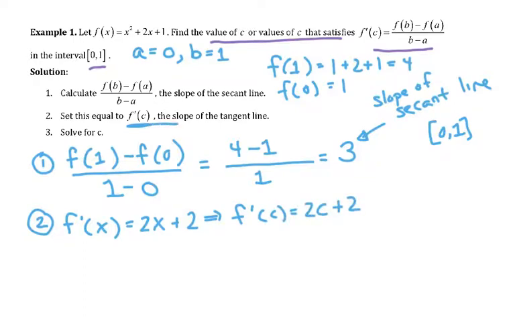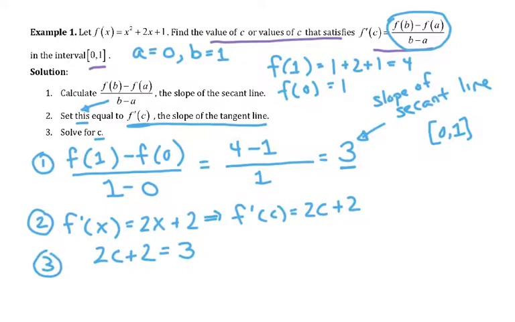And it says set this equal to the slope of the secant line. In other words, 2c plus 2 has to equal 3 somewhere. Then we solve for c. Well, that means 2c equals 1, and c must equal 1/2.